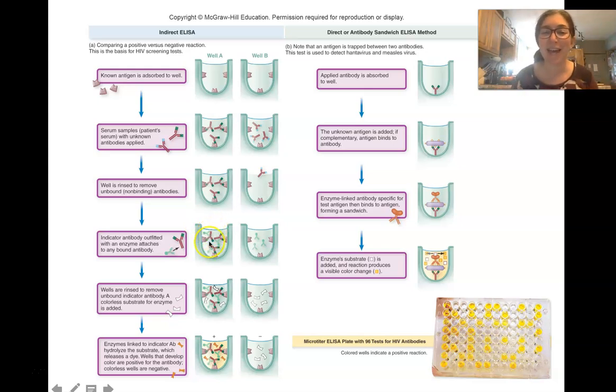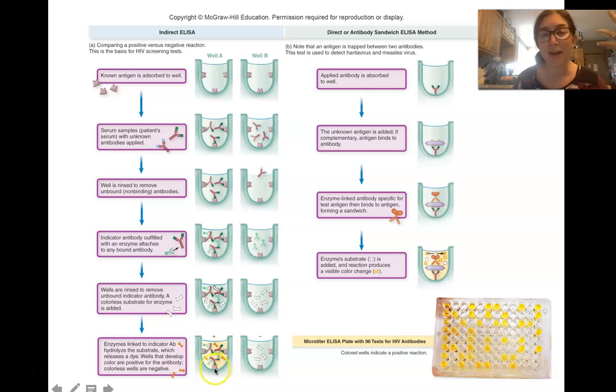It recognizes the Fc portion, the stem portion of the antibody. So if there are any antibodies in this well, that secondary antibody will recognize them. And that secondary antibody has an enzyme attached to it. When you add a certain substrate, the enzyme cleaves that substrate and it causes a color change.